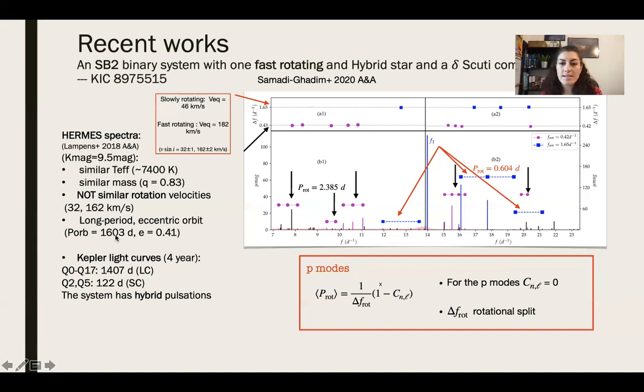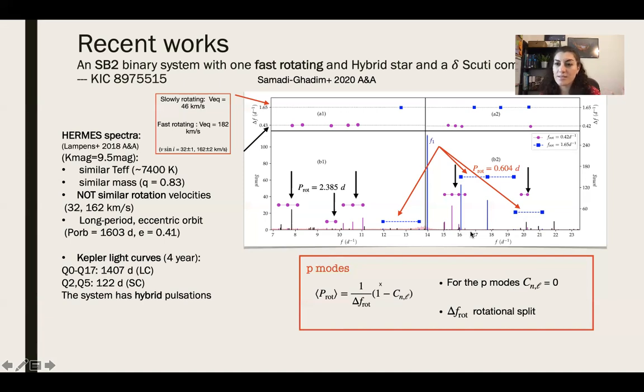I first started from the high frequency region. You can see it from 7 to 24.7.5 per day frequencies, and I could detect two groups of frequencies. One group is split with one frequency spacing, and the other one with another different spacing.